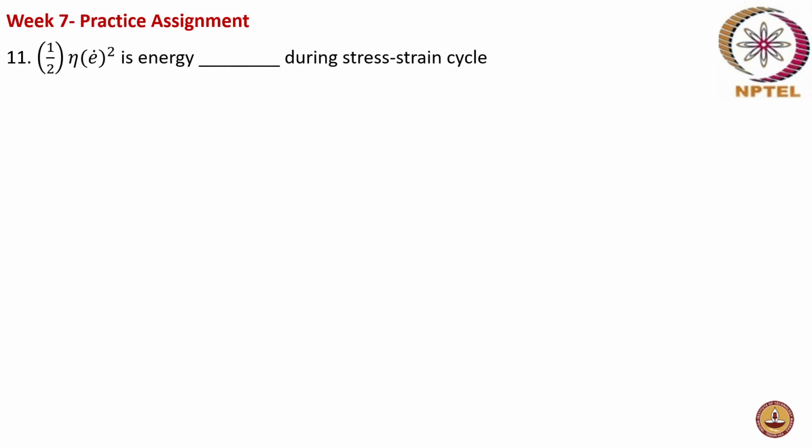It's a simple answer. We also discussed this during the recap. Just look into the terms and you can identify half eta E dot square.